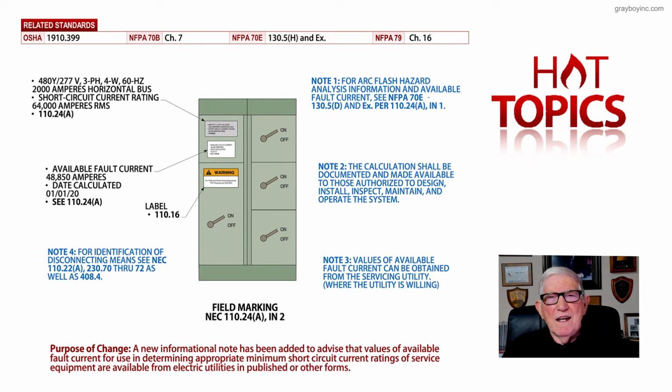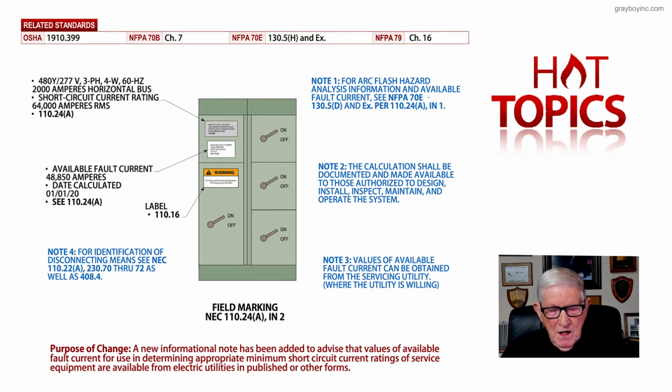Now, the last thing is 70E, 130.5(H), and exception. Now, when we review 70E, it works in conjunction with 110.21(B) of the code, there around page 49.